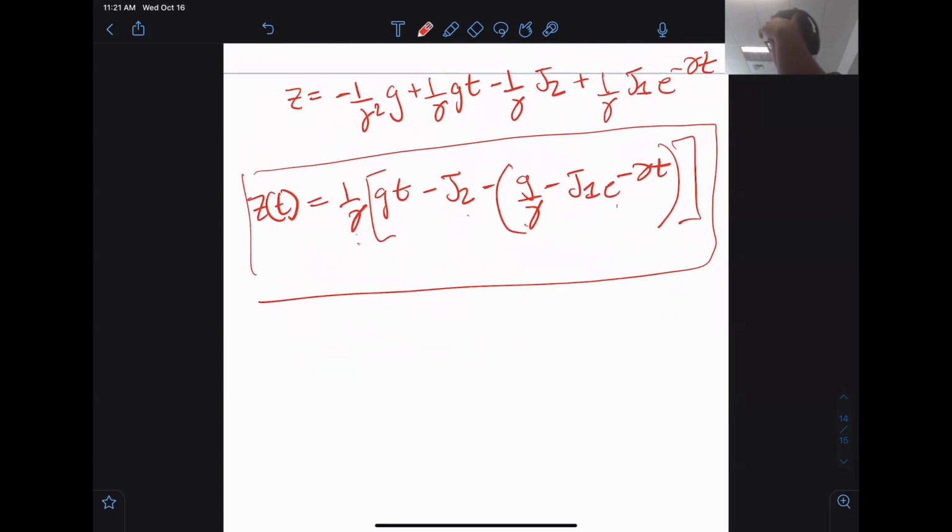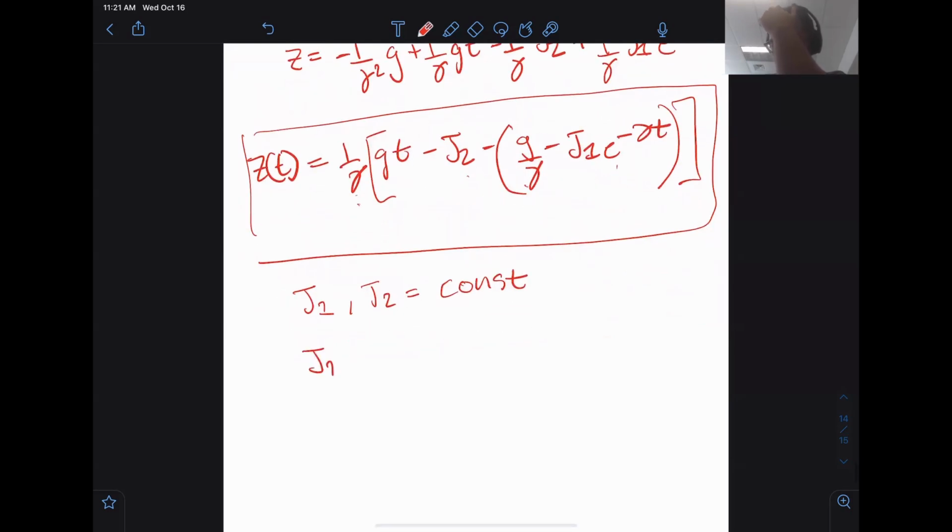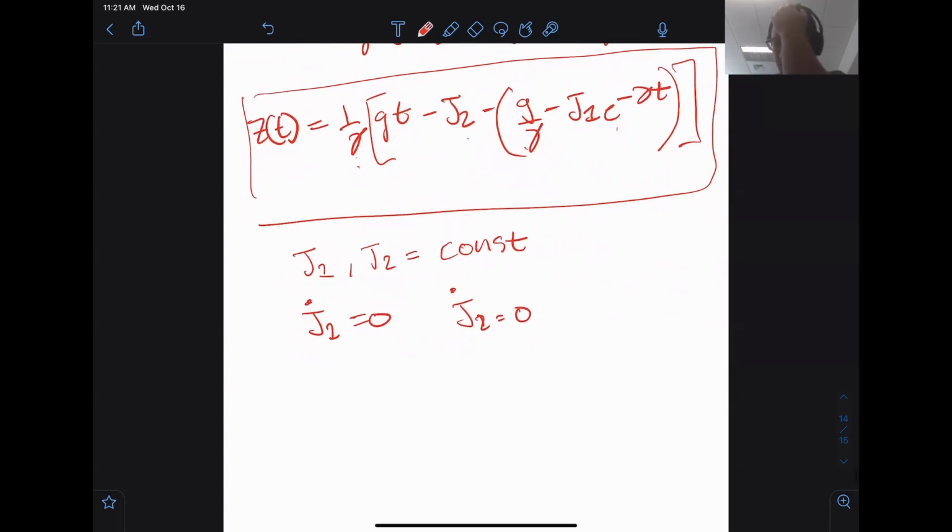Now we know that J1 and J2 are both constants. So that means that J1 dot is equal to 0 and J2 dot is equal to 0, because by definition they're constants, and if you take the derivative of a constant with respect to time, it's equal to 0.